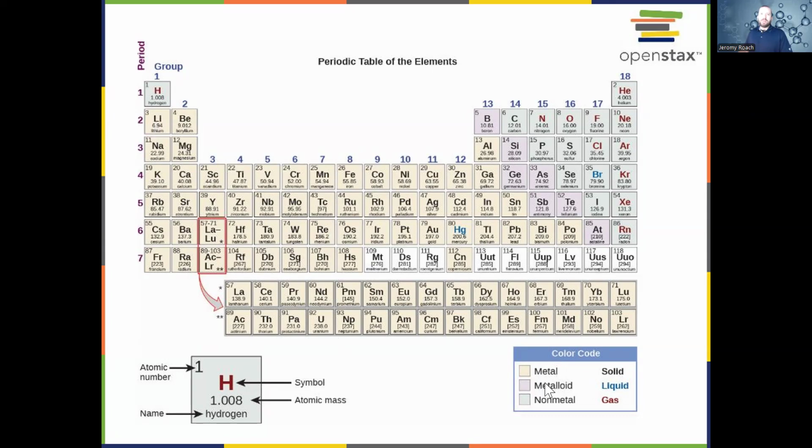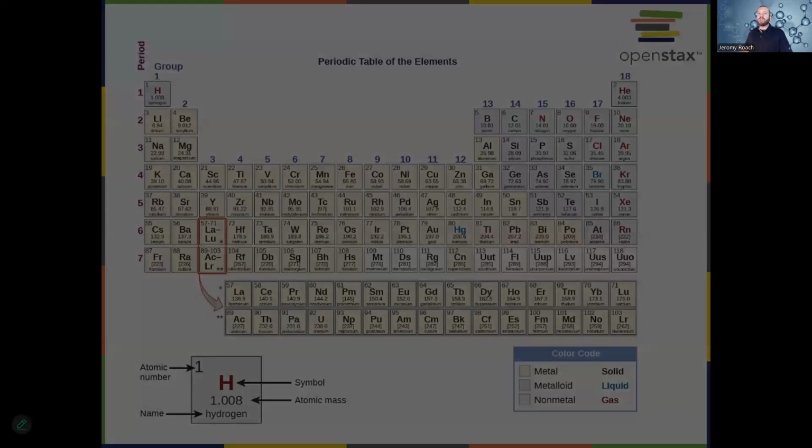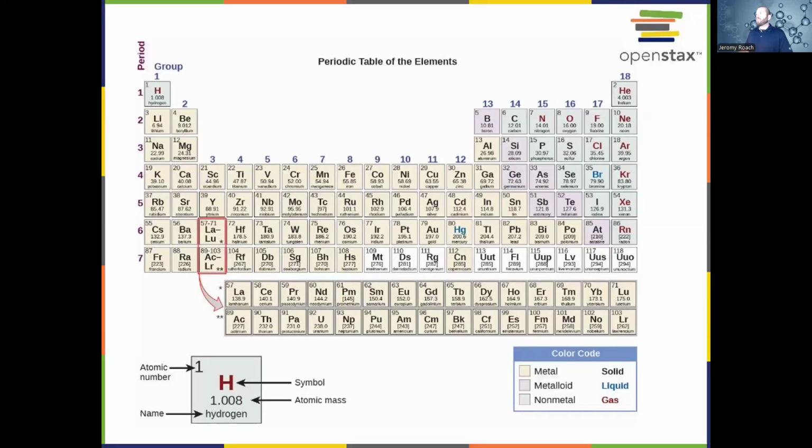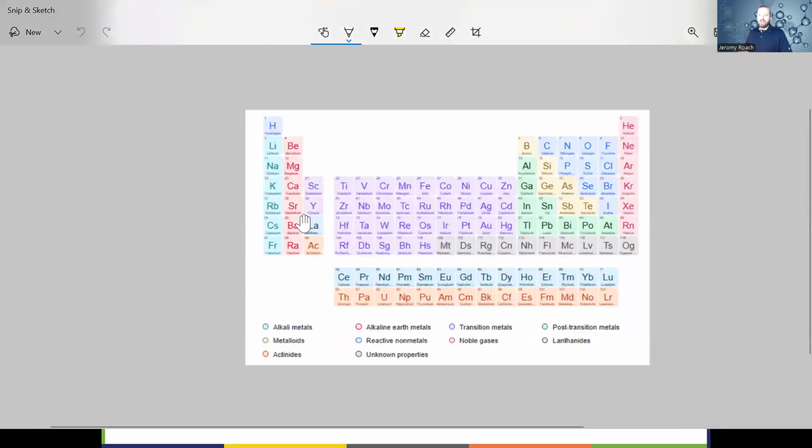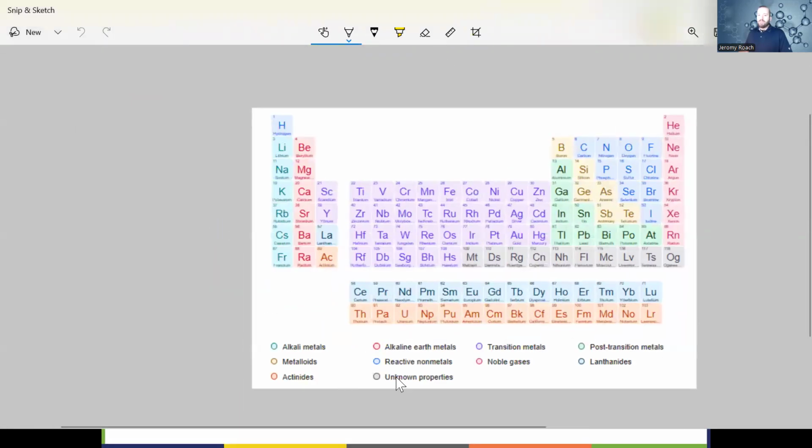So those are not the metals, but we also have actinides, alkaline earth metals, reactive nonmetals, noble gases, transition metals, and post-transition metals. And here's just a quick overview of what all of those are. And again, you can look these up and use these for reference whenever you need to. But this is the periodic table showing the different types of metals and the actinides and lanthanides and the metalloids.